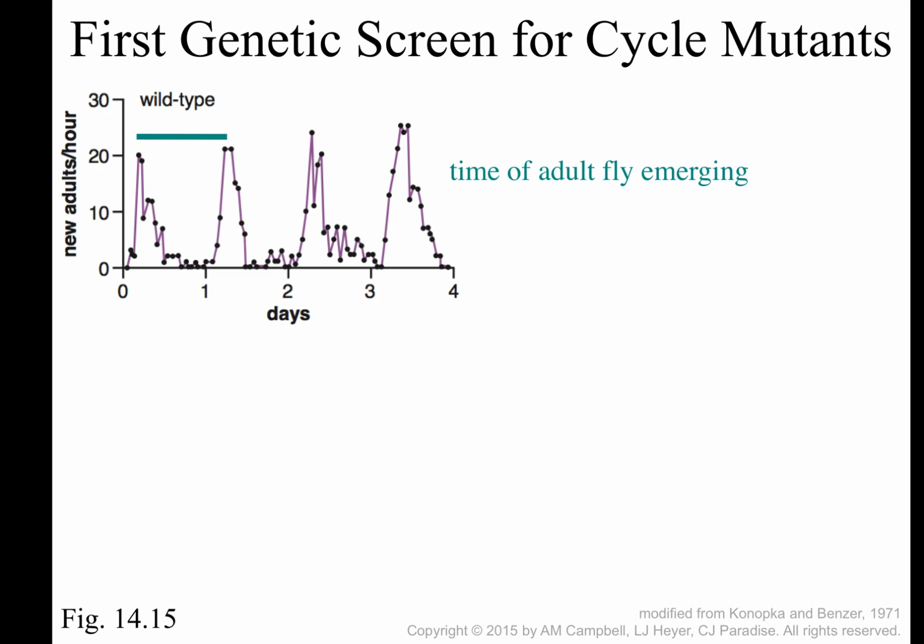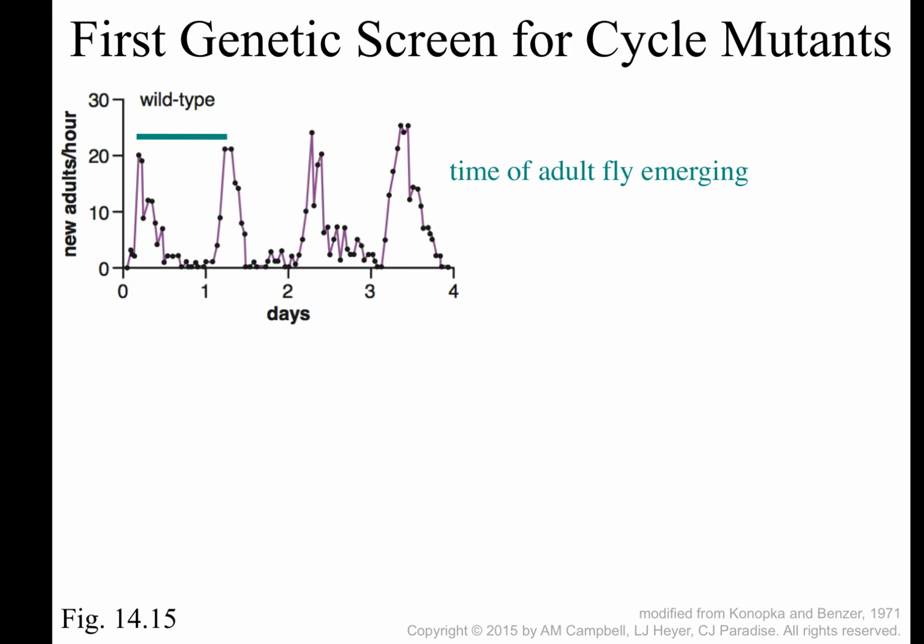And the group that established the finding of the genes that are responsible for the circadian rhythms first started off with a big group of flies that they mutated on purpose. So they fed them a chemical that mutated their DNA, and they knew that they were going to do that.